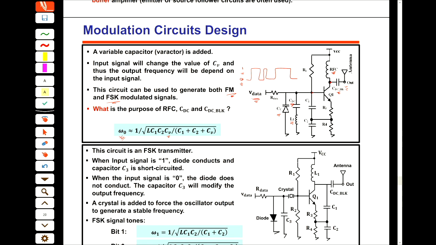Okay? If the AC signal goes through the R1 to the VCC? Yes, it's going. It's better to put an RF choke there. I mean, it's better to put one RF choke here.